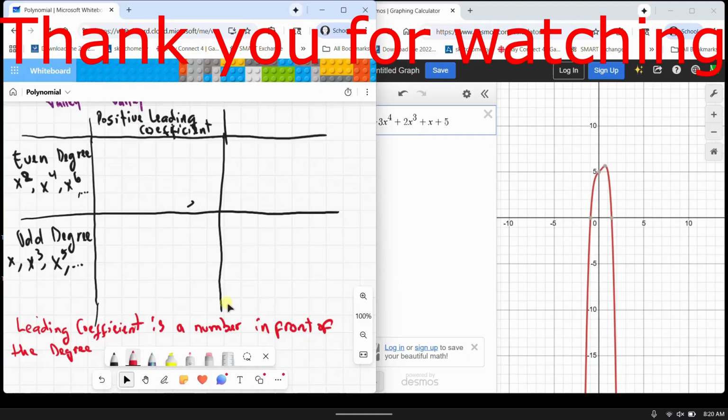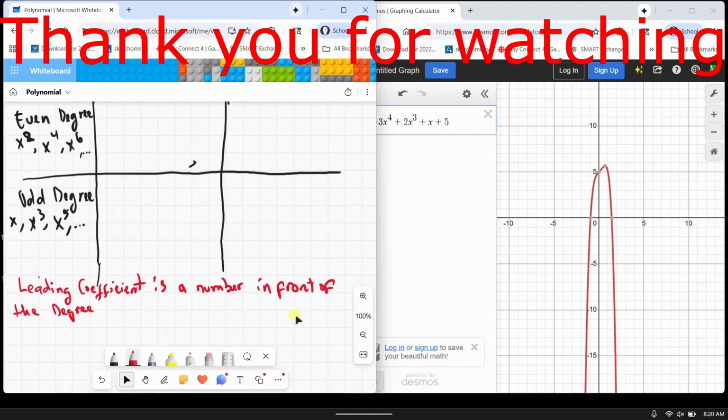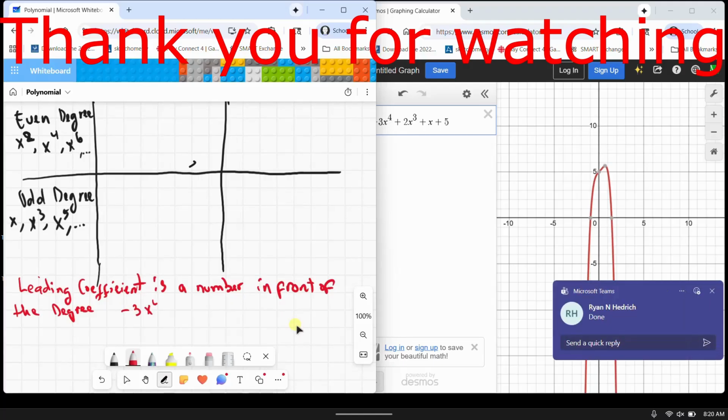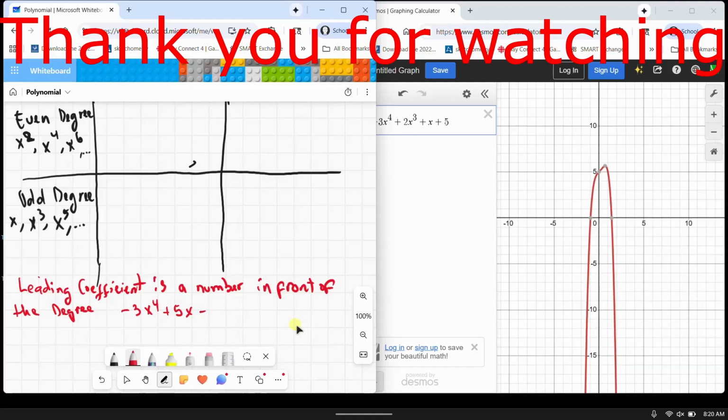So for example, if we have negative 3x^4 plus 5x minus 2, the leading coefficient is negative 3.